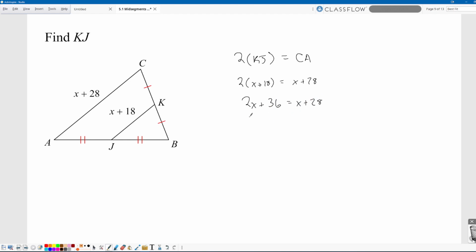We'll subtract x from both sides. You get x plus 36 is equal to 28. We'll subtract 36, and you get x is equal to negative 8.